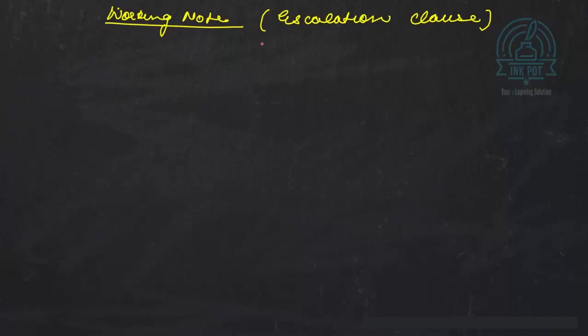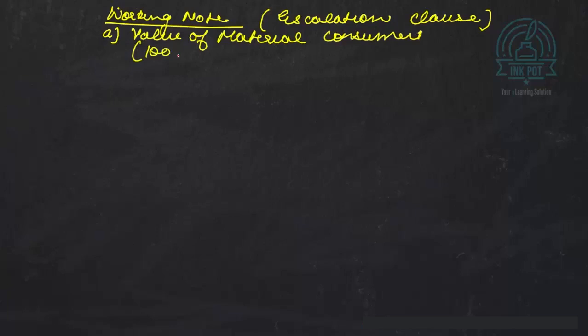So let's check. I'm going to do working note A here. Value of material consumed in the contract is 1 lakh minus 25,000, equal to 75,000.